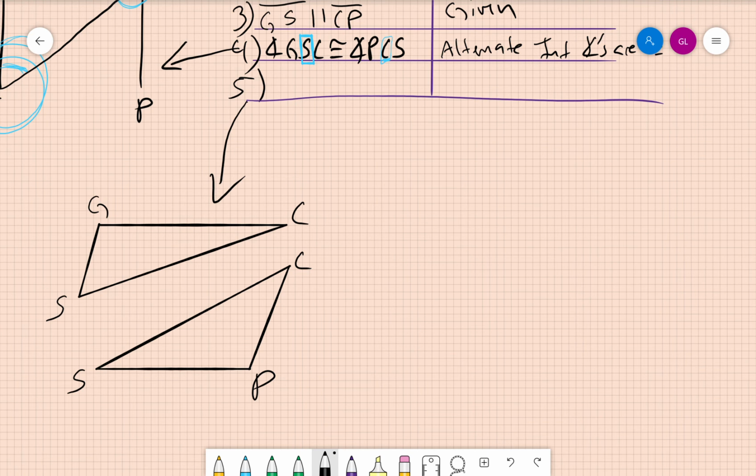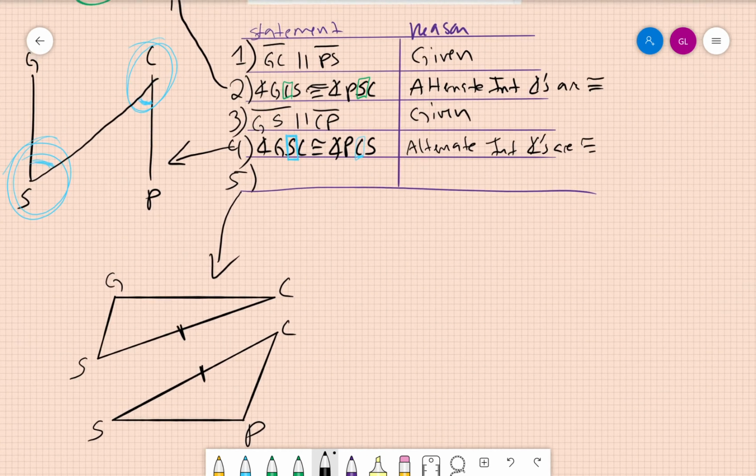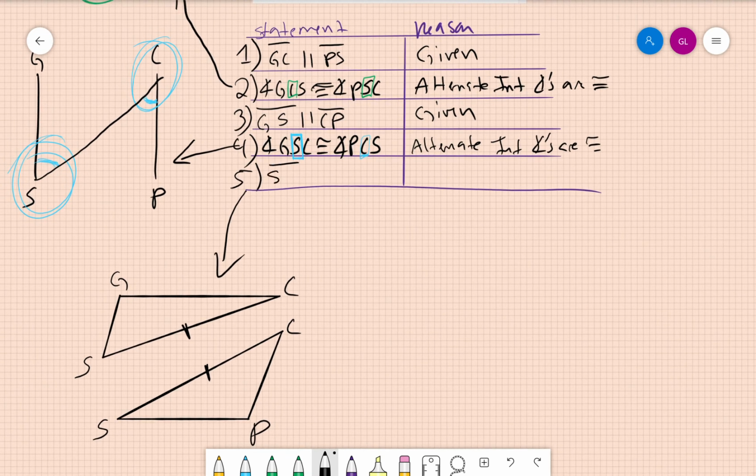That means that line is going to be congruent to itself. So we have what we call reflexive here. We can say that segment SC is congruent to segment SC, and this is because of the reflexive property.